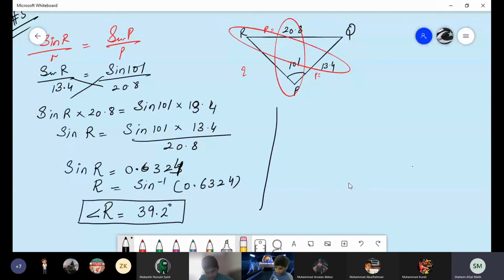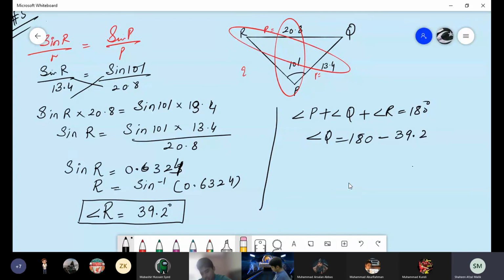Can you find out the angle Q easily? The angles in a triangle add up to 180 degrees. So angle Q is equal to 180 minus 39.2 minus 101.